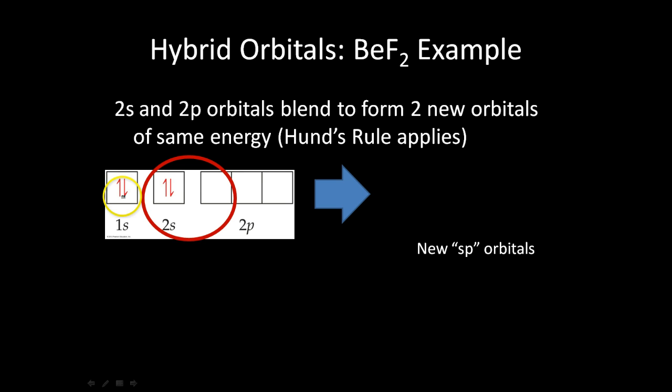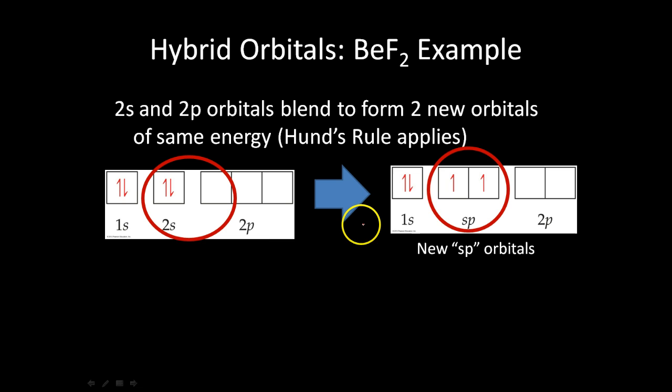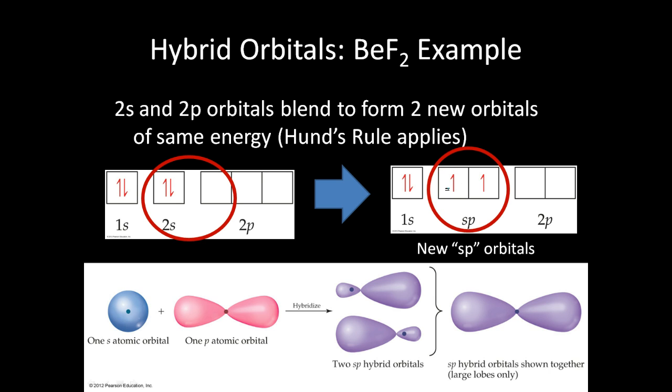And so see how we're taking this one 2s orbital and one of the 2p orbitals, we blend it together, and now the new electron configuration for that atom is 1s2, sp2, and then 2p. So it's got two of these sp orbitals. They're now half-filled and are able to bond with half-filled orbitals from other atoms.